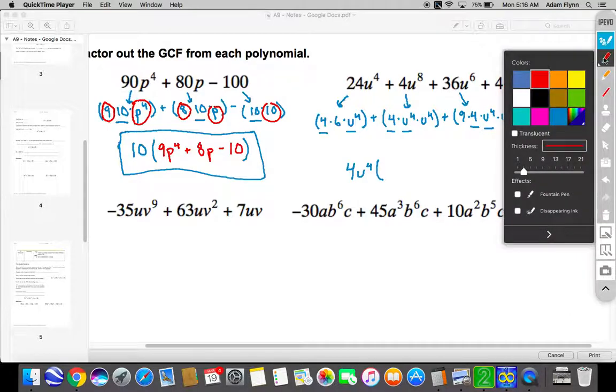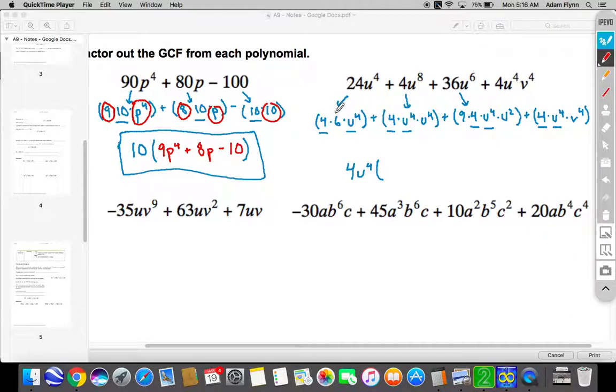And now I'll circle everything else that I'm left with. So for my first term, I have a 6 plus u to the fourth plus 9u squared plus just v to the fourth.